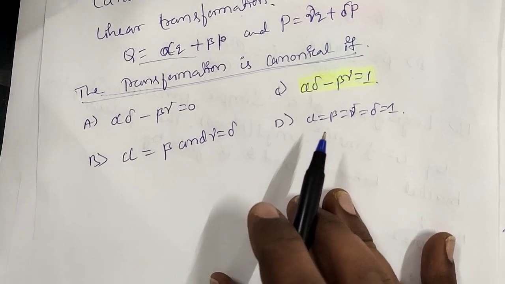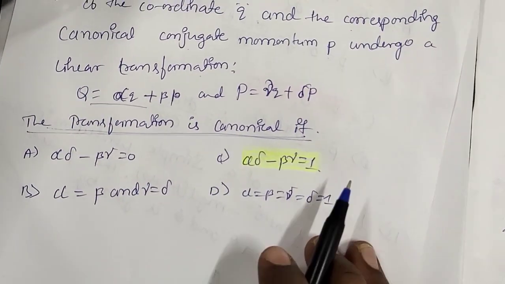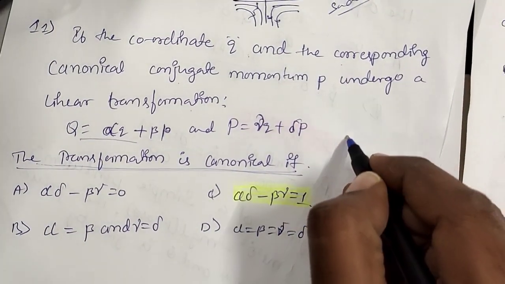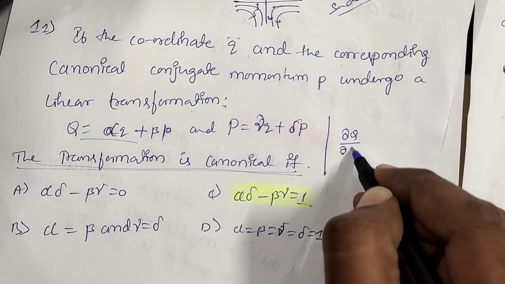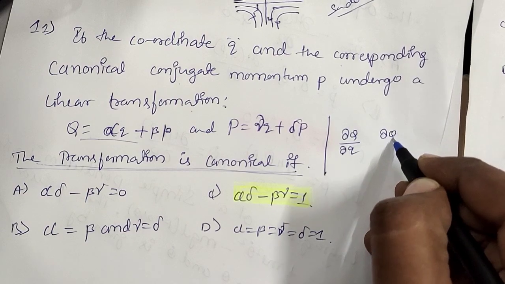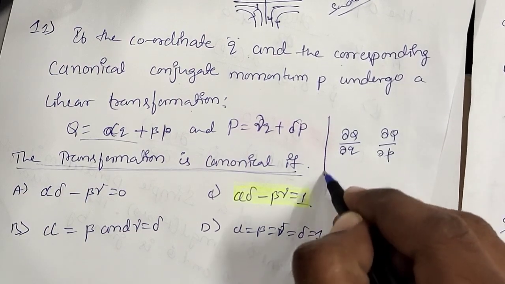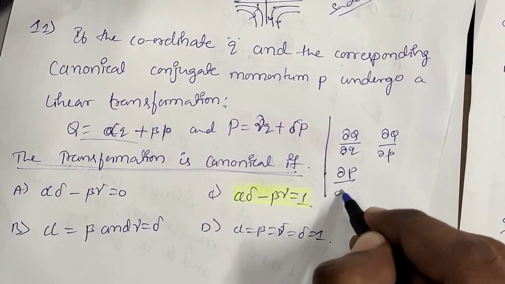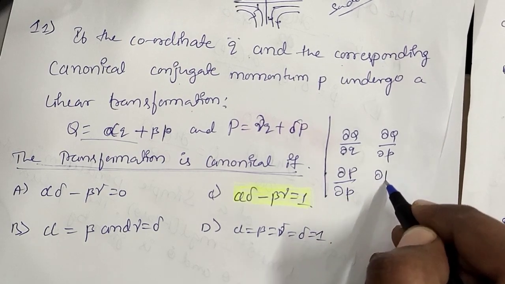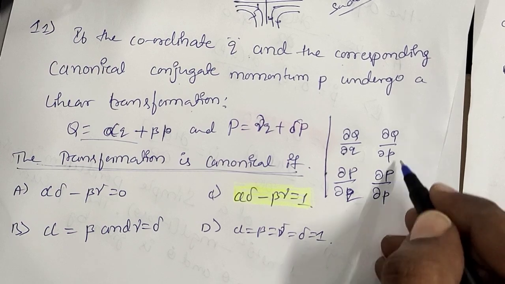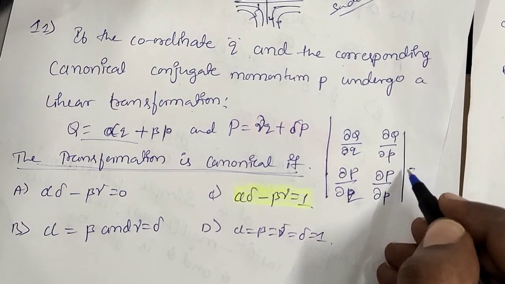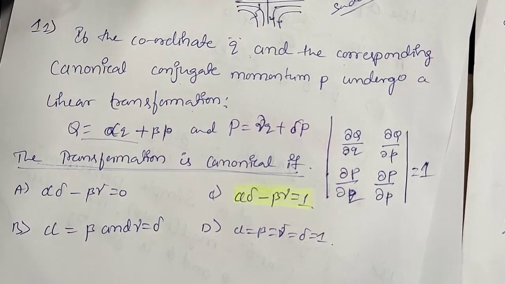For canonical transformation, we know that the condition is that the determinant of dou Q by dou q, dou Q by dou p, dou P by dou q and dou P by dou p is equal to 1.